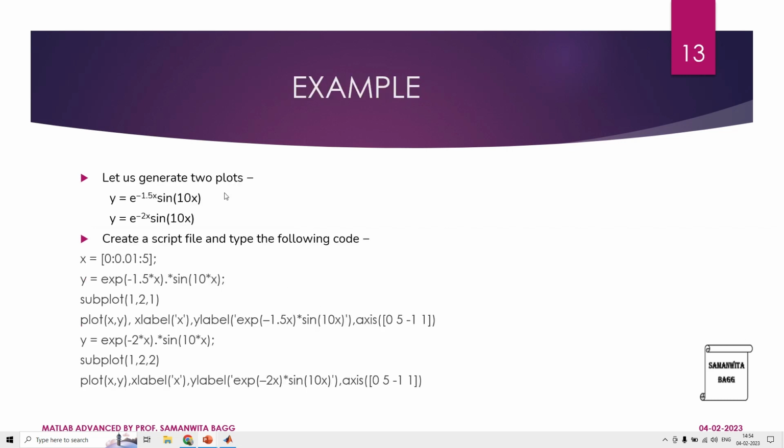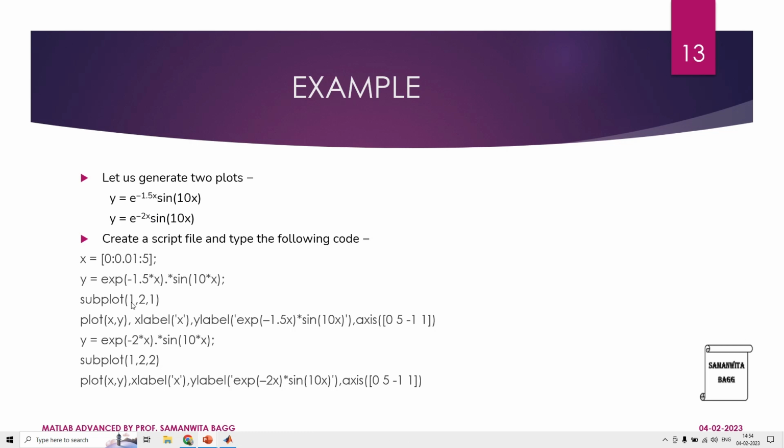So we'll see an example here. Say y is this function and also it has another function over here. Now suppose if I want to plot both these equations of y. So you can see here x has a range of 0 to 5. The increment is 0.01. Y has this first equation written here and there is a subplot created.